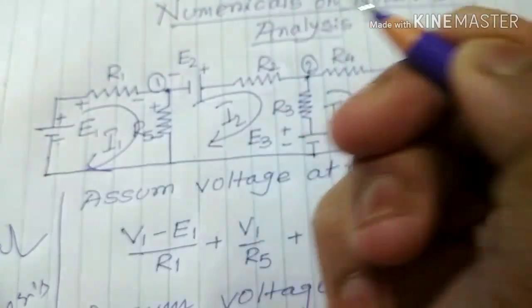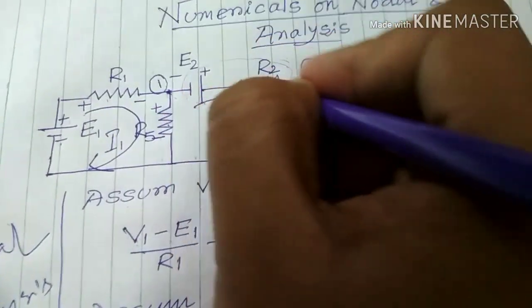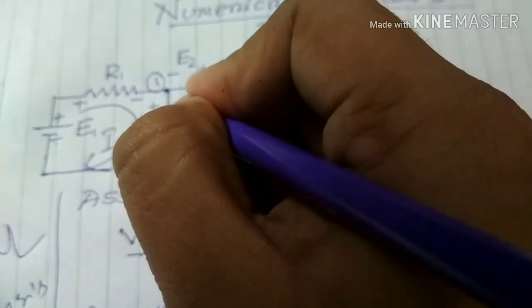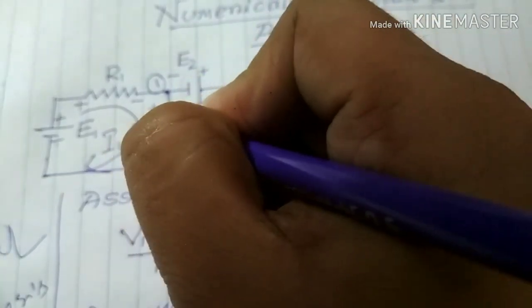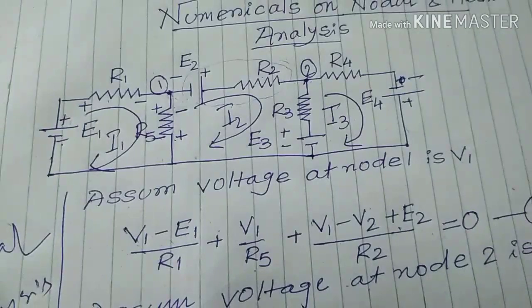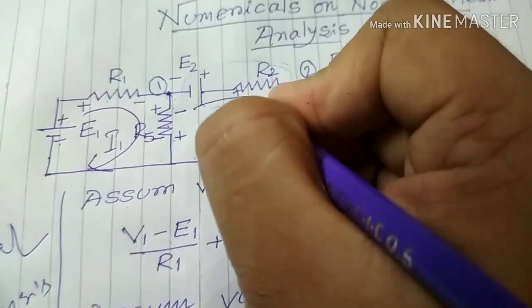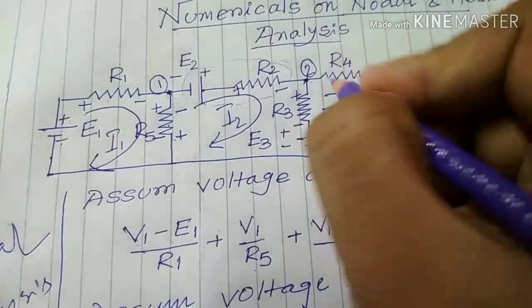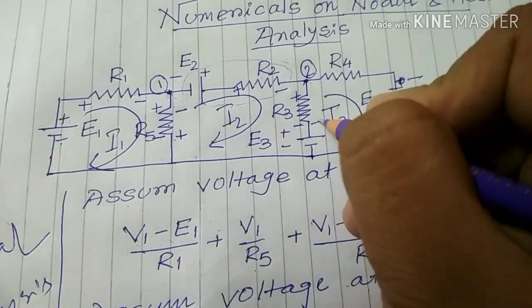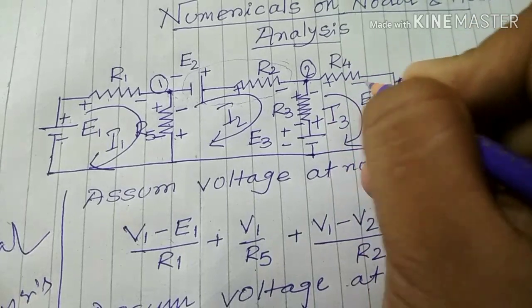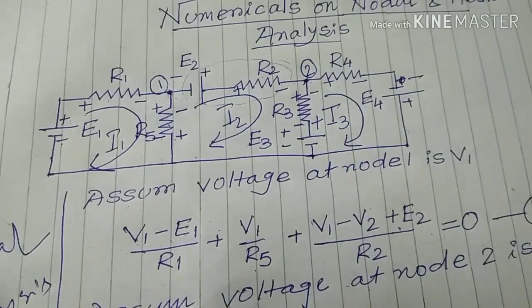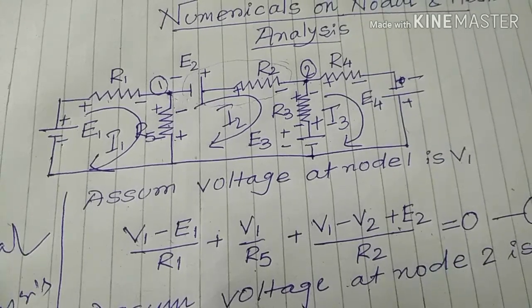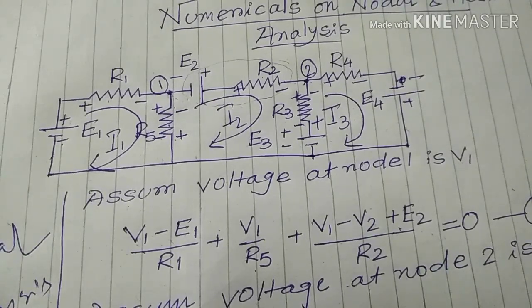For the current flowing through this, this is plus, this is minus, this is plus, this is minus, this is plus, this is minus. Current flows through those three, plus and minus like this. This is the denoting of polarity. So now we come to the equations.